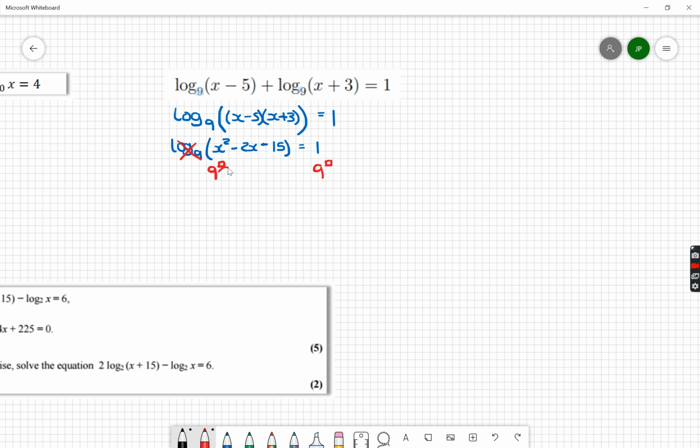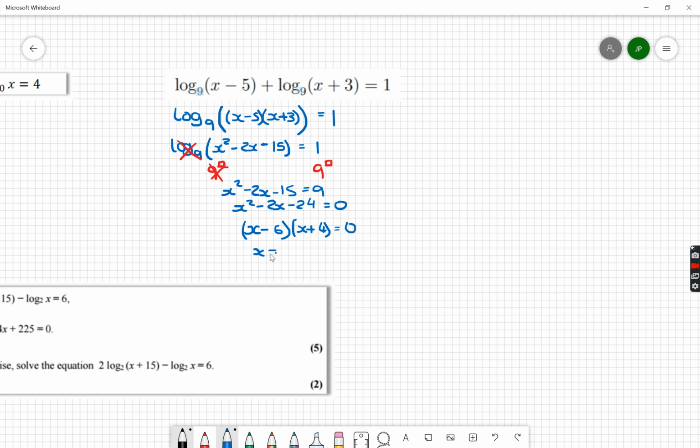So the opposite of log base 9 is 9 to the power. So I will end up with x squared minus 2x minus 15 equals 9. And we're left with a quadratic to solve. So we move our 9 across: x squared minus 2x minus 24 equals 0. And we can then solve. So we'll have x minus 6, x plus 4.